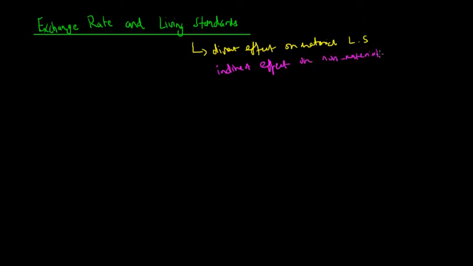And because this effect on non-material living standards is very indirect, we're not going to worry about this. The effect on non-material living standards. We're just going to worry about the effect on material living standards, and therefore, by extension, living standards as a whole.